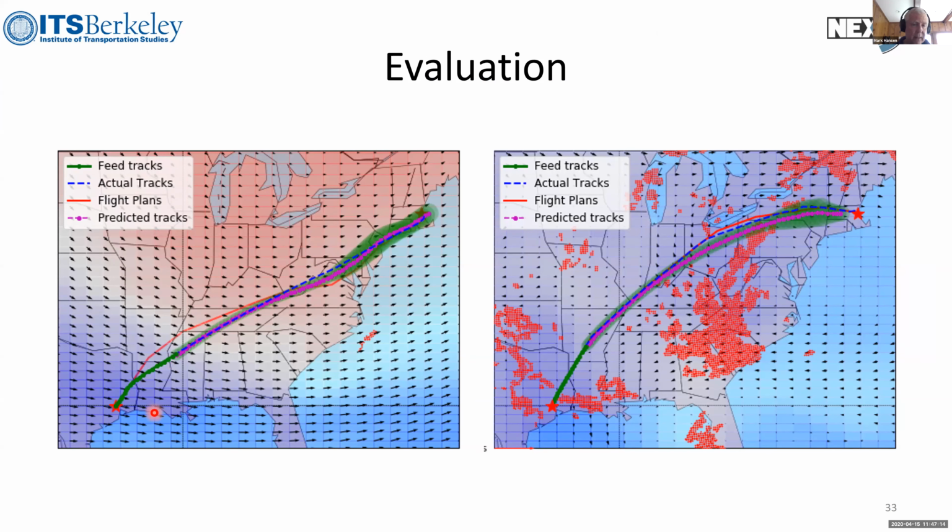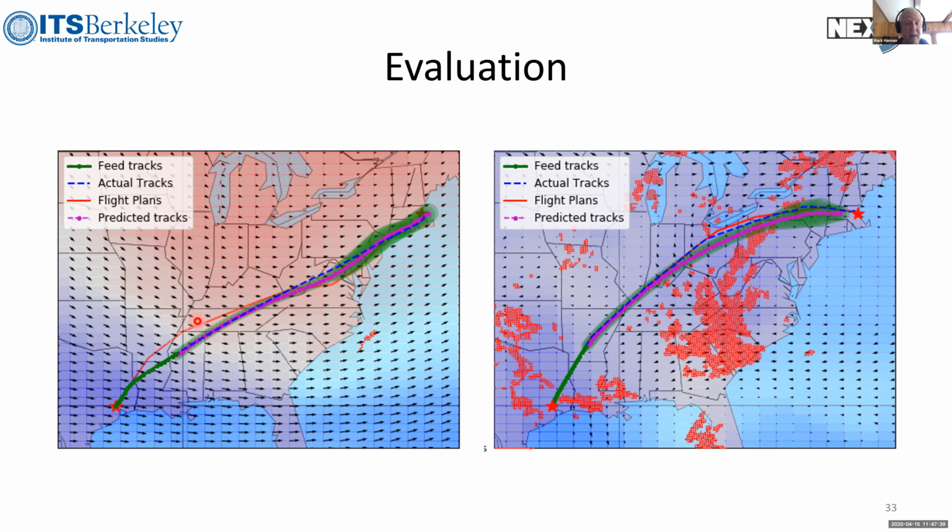Out of this comes predictions that look like this. Notice it doesn't involve any kind of discrete choice, but what we have here is, first, the flown trajectory at the time of the prediction, and then the predicted trajectory based on the model we just looked at is the purple line. We can also see what the flight actually did. That's the dashed blue line.